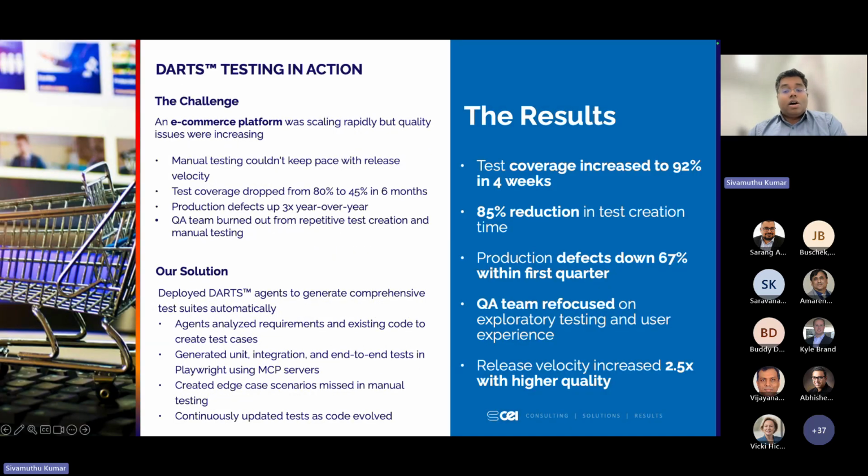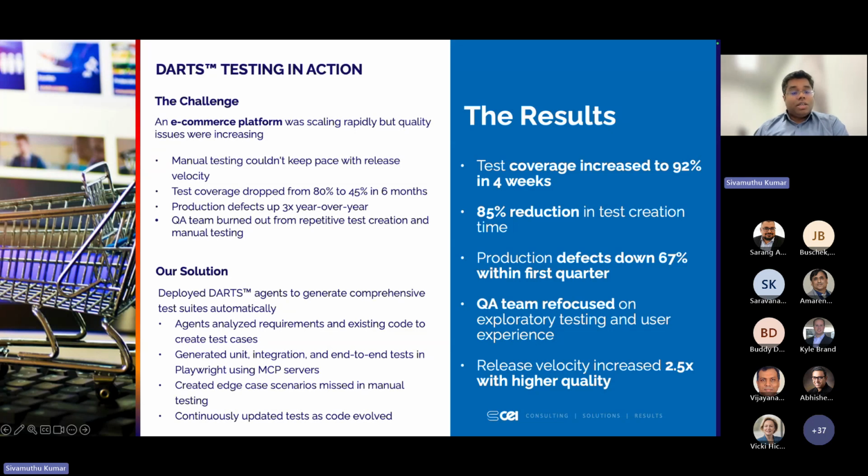The third offering, automated testing, is illustrated well with this e-commerce client. They were scaling fast, and their manual testing couldn't keep up. The test coverage dropped from 80% to 45%.